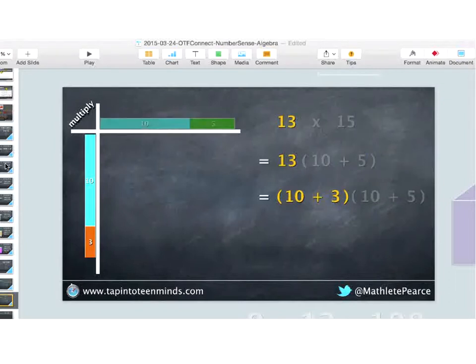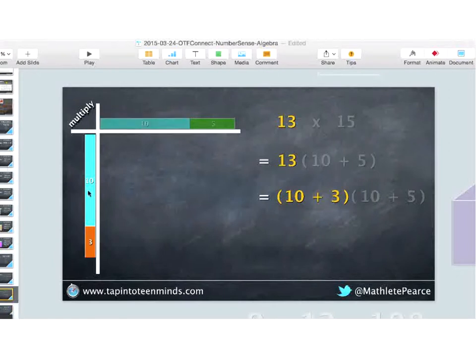However, what I also show students is the fact that you can break down the numbers. And I saw this one. I think it was Krishna that had this one up. No, I think it was just Krishna that had shown the 13 broken up as well.